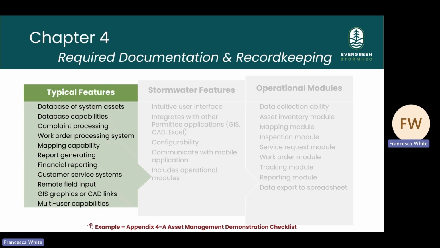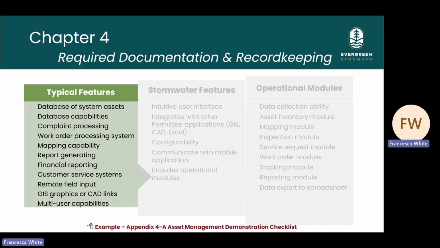But if you're just looking at asset software in general, some of the typical features you're going to see are, like I mentioned, that database of system assets, complaint processing, work order processing, and then mapping capabilities, report generating, and then a lot of financial reporting. And then also, like I said, just tracking those customer service systems, whether that's requests or complaints.